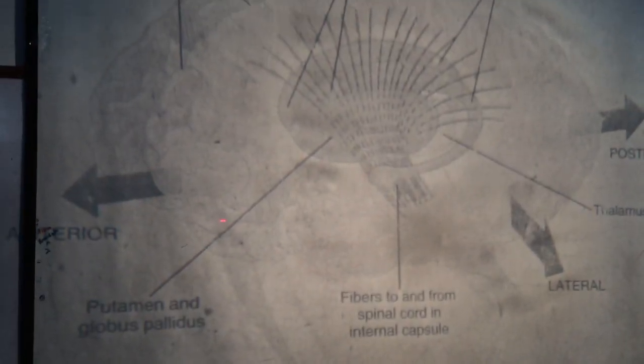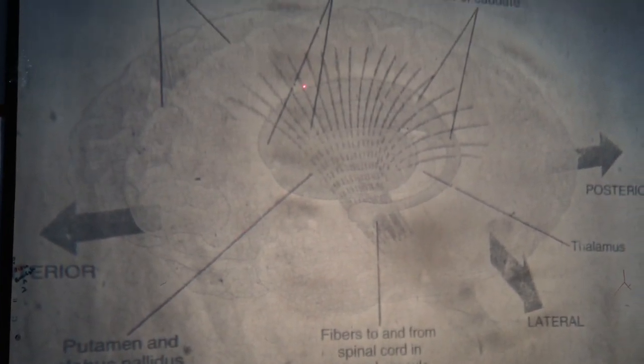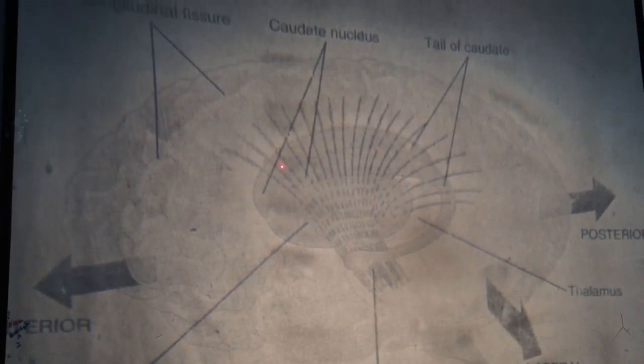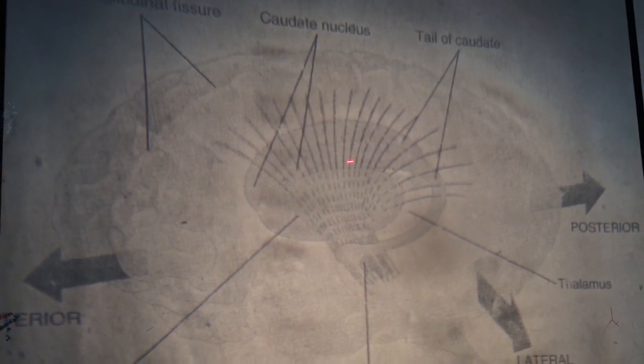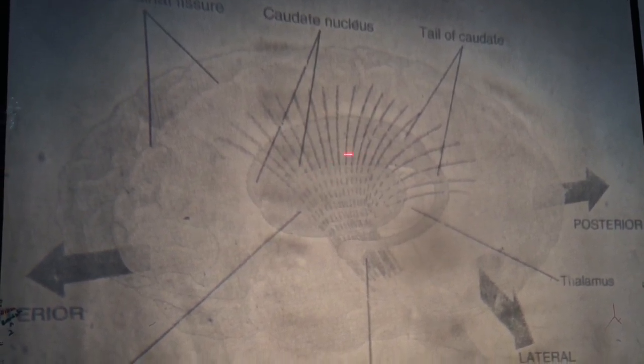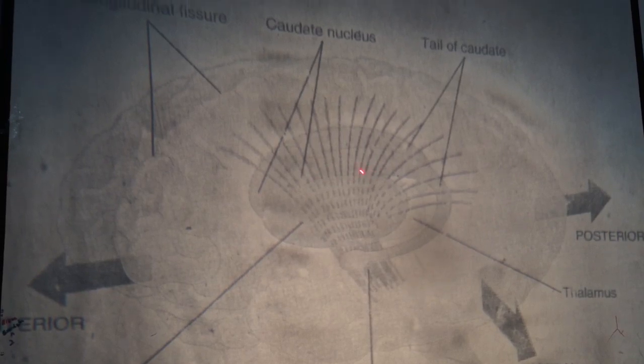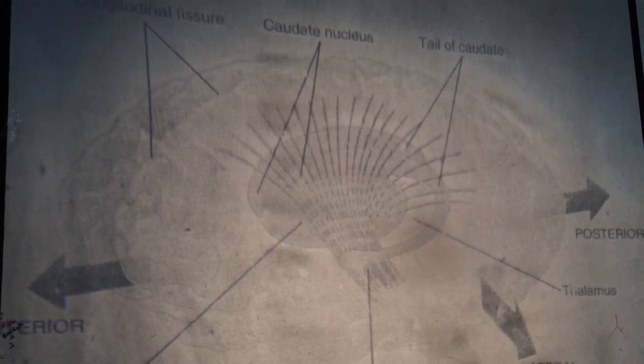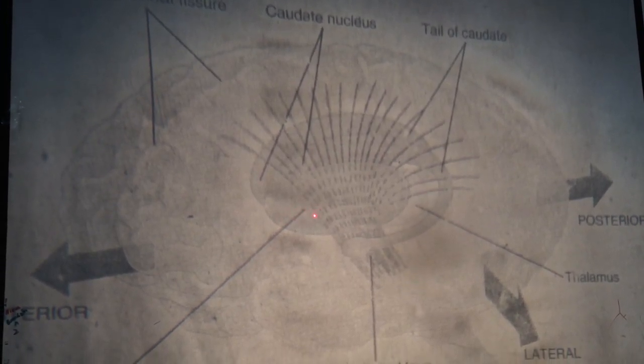Caudate is separated from putamen by the internal capsule. So the internal capsule separates caudate from the putamen.